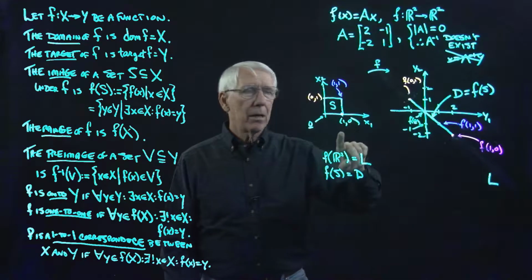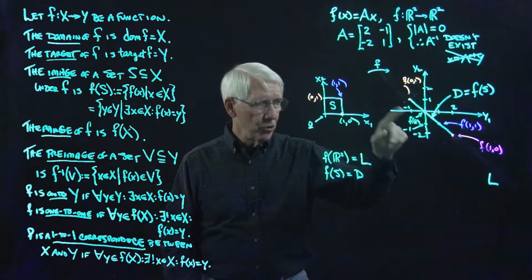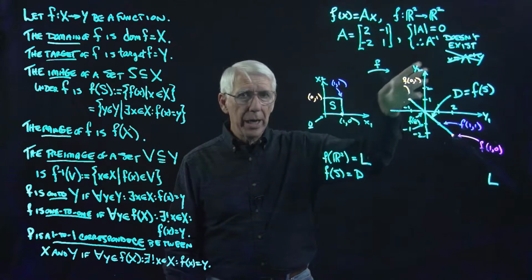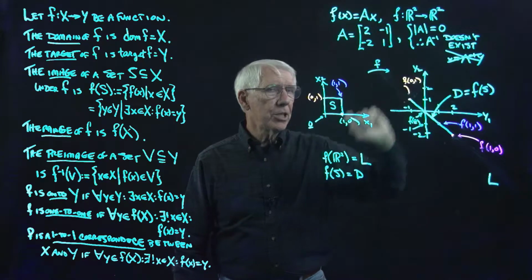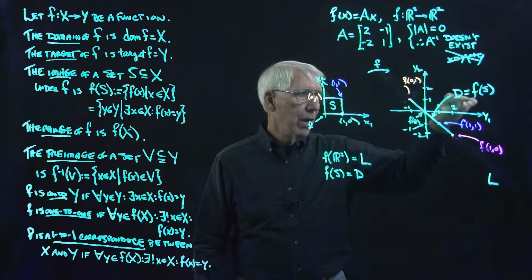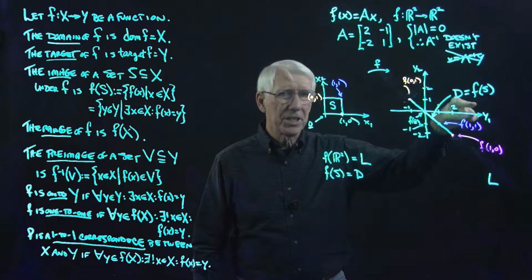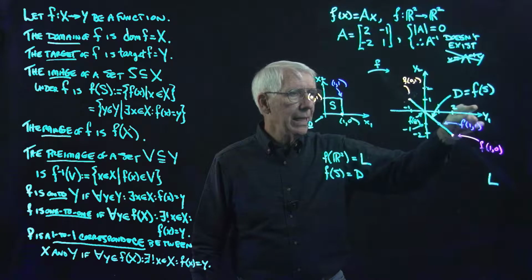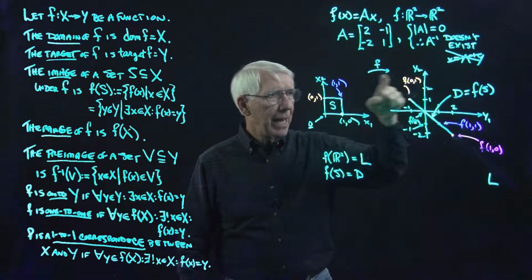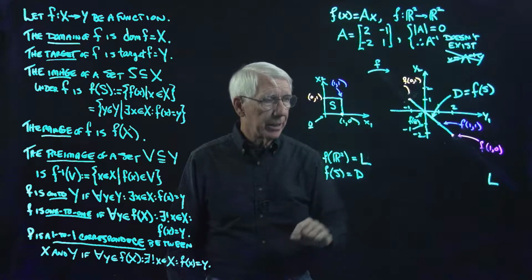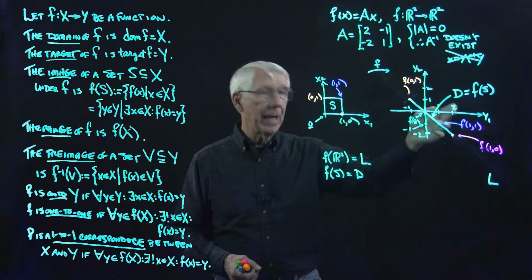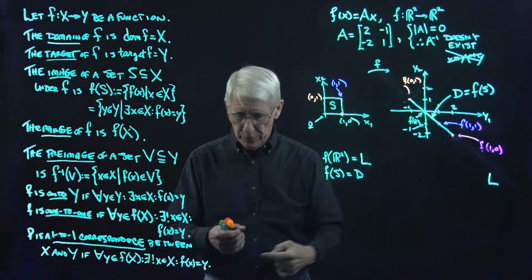I maybe should have pointed that out then: in the one-to-one case, where a non-singular matrix defines the function, the pre-image of a singleton set over here would be a singleton set over here. Y over here, x equals A inverse of y over here. So it's kind of clean. That's one-to-one, also the kind of inverse function.